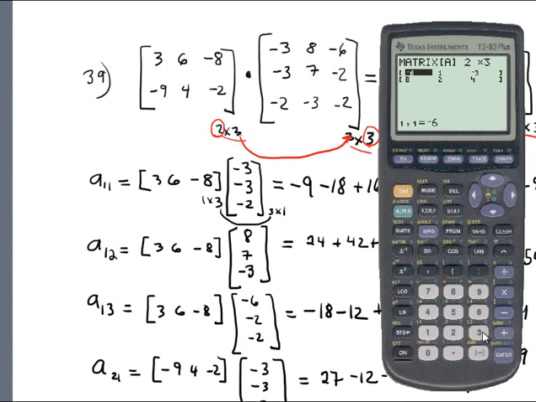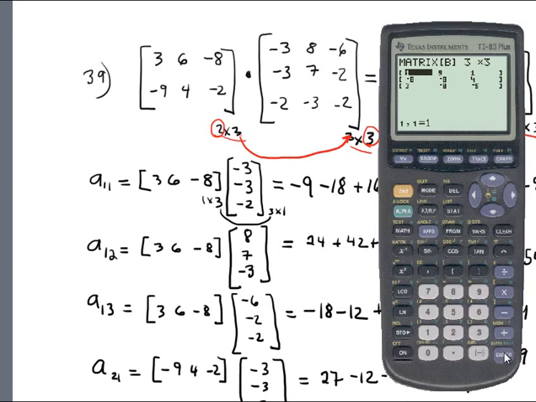The entries are 3, 6, negative 8, negative 9, 4, and negative 2. Second mode. Now again editor, we'll edit B.